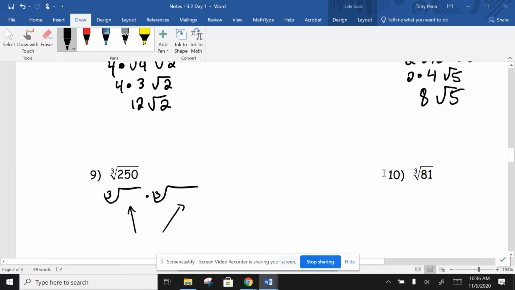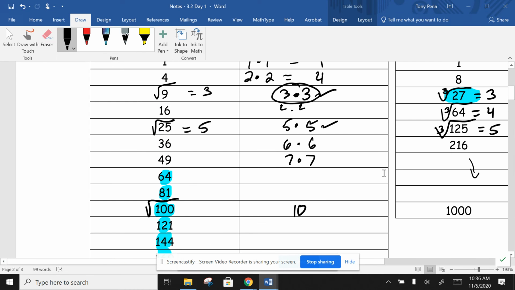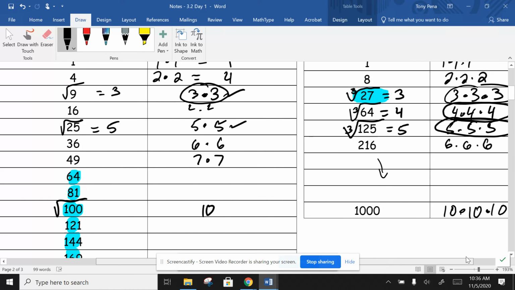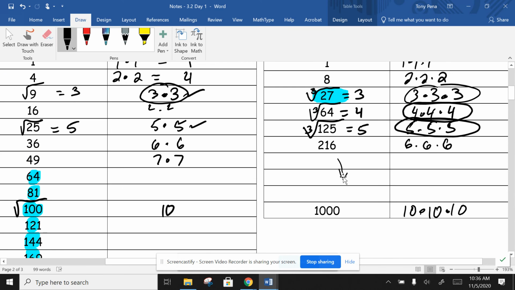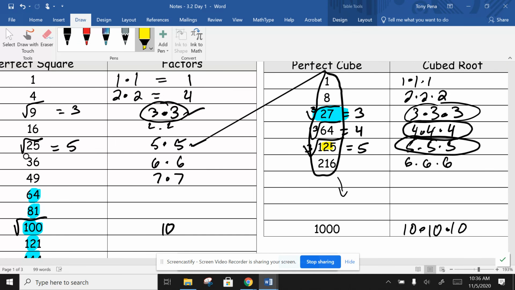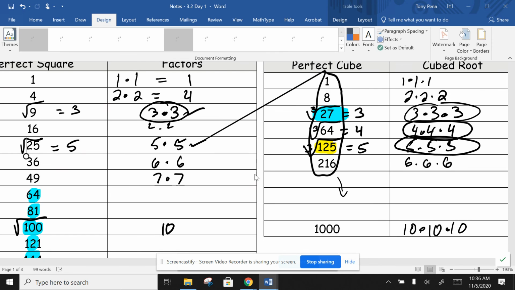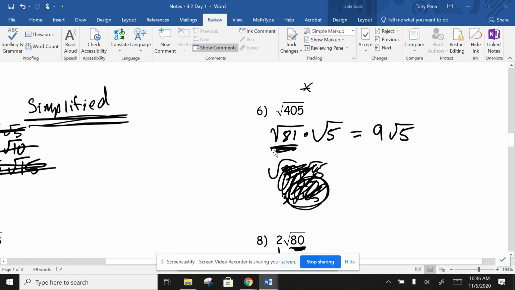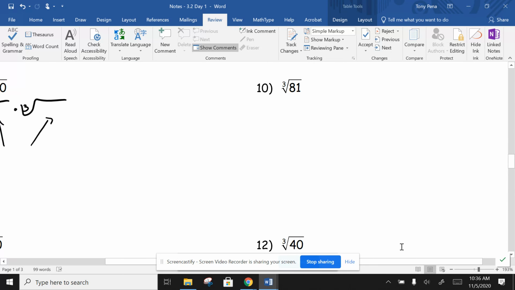So if we go back to our table, we really only want to be playing around with these numbers here. All right, so the one I'm going to use, just make sure we get some of these done, I'm going to use a 125 for 250, right? The cube root of 125 is a perfect cube. So if I go back to that problem, we're going to use the cube root of 125.